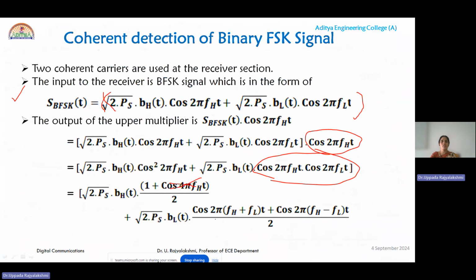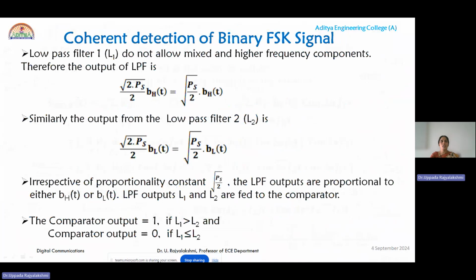Our low pass filter does not allow the high frequencies as well as the mixed frequencies. That's why the low pass filter output will be only root 2PS whole divided by 2, so it gets cancelled. So you will get root over PS by 2 into BH of t. And similarly, the output of low pass filter 2 is root PS by 2 into BL of t.